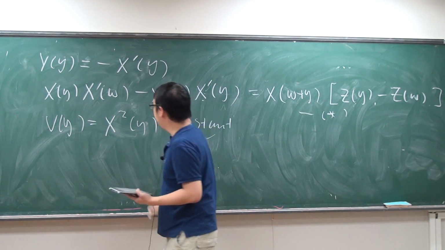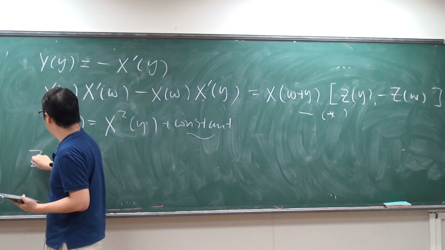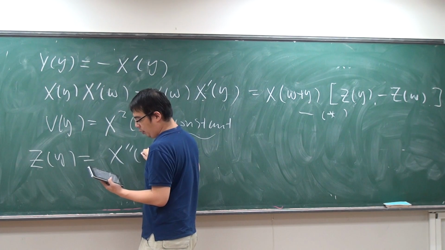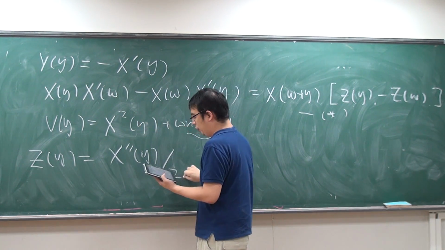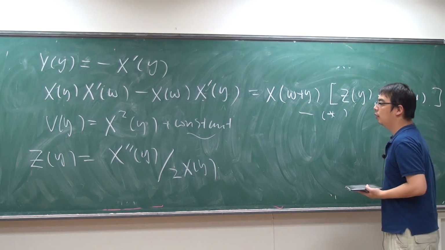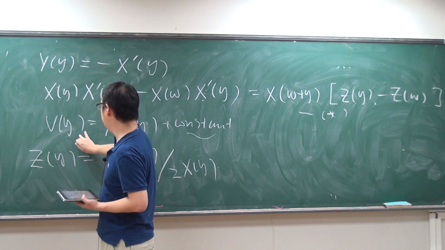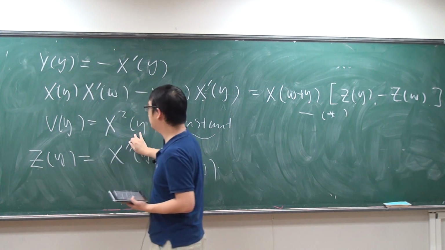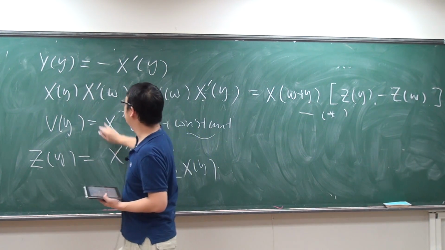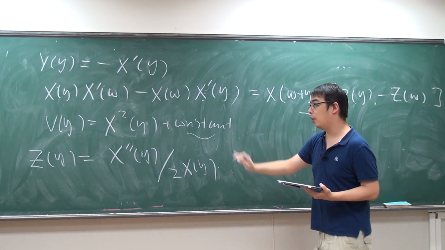The solution to this equation is simply given by V_y equal to x double prime y over 2 x y. So basically this tells you that once you specify your potential, then by taking the square root you get a function x y, and from that you can obtain V_y and also your Z_y.